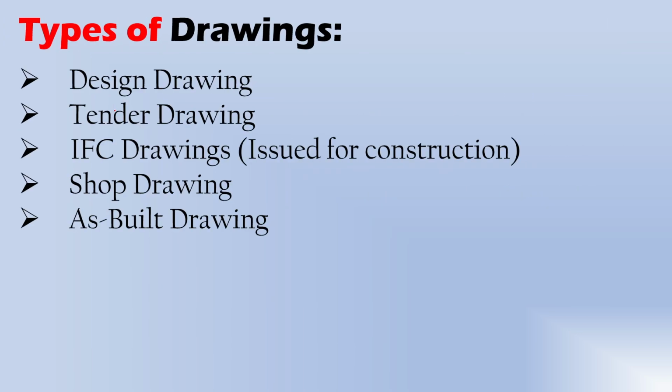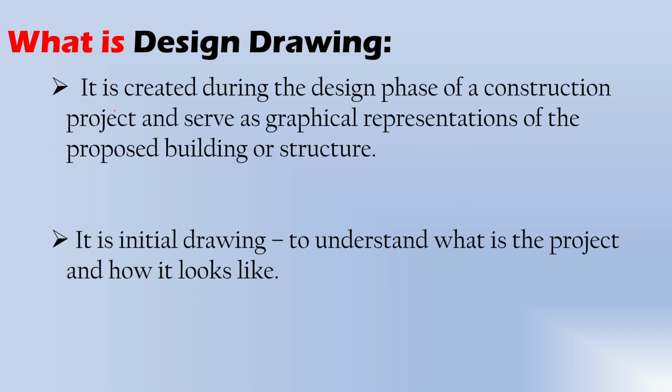Then we go to the types of drawing. As listed here, we have five types of drawing: design, tender, IFC, shop, and as-built drawing. We are going to see them one by one. First, design drawing. A design drawing is created during the design phase of the construction project and serves as the graphical representation of the proposed building or structure.